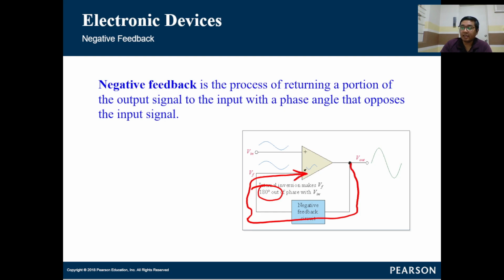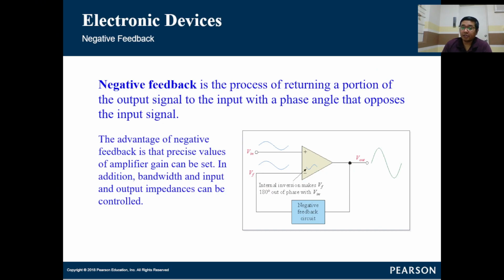So that's basically your negative feedback. So returning a portion of the output signal to the input with a phase angle that opposes the input signal. So we know kapag opposite ang phase ng ating signals, nagkakaroon tayo ng subtraction, no? Nagkakaroon tayo ng difference between the two voltages or signals that are present at the input of your operational amplifier.